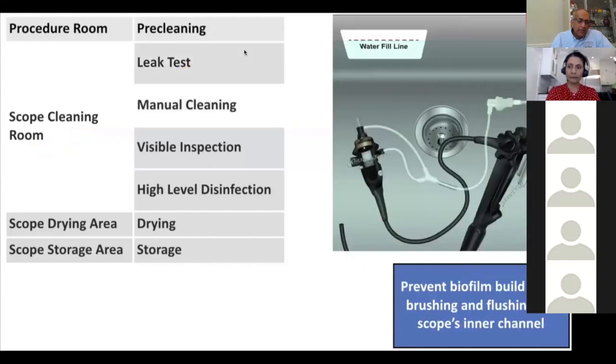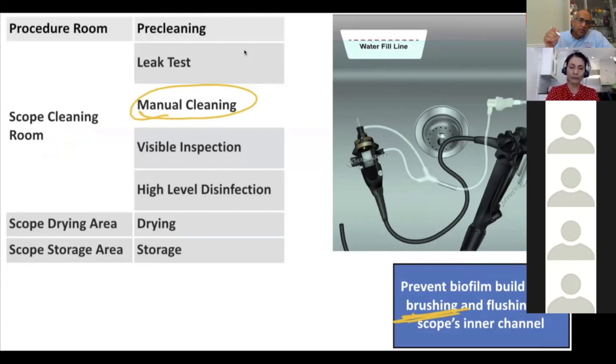The next step is manual cleaning. The principle of manual cleaning is you clean the scope immersed underwater, and you do two things. You brush the channels, such as the air-water suction channel or the biopsy channel, and all the ports, the caps, and the valves.